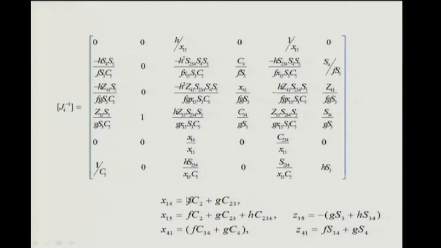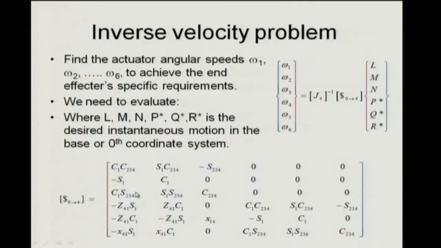These are all terms which you can neatly evaluate from the DH parameters if you want, or you can directly calculate them. Obviously, it is not terribly bad. Now this is the inverse in the fourth frame. So now we have to solve what is called the inverse velocity problem, which is what we had been talking about.